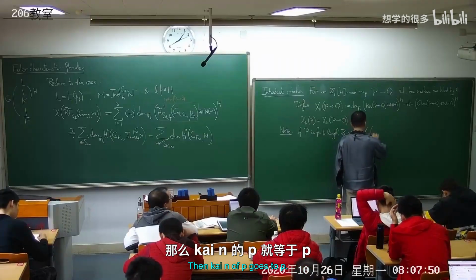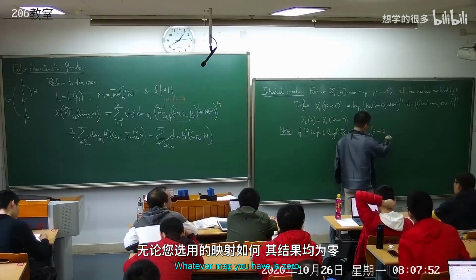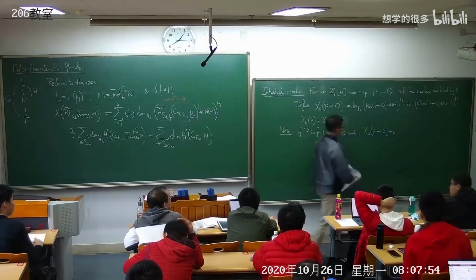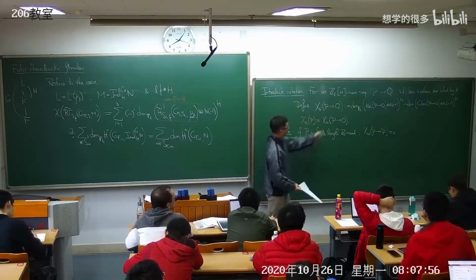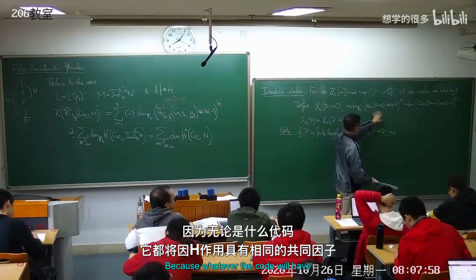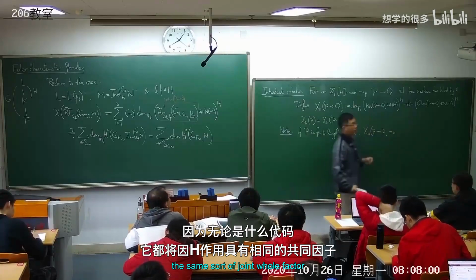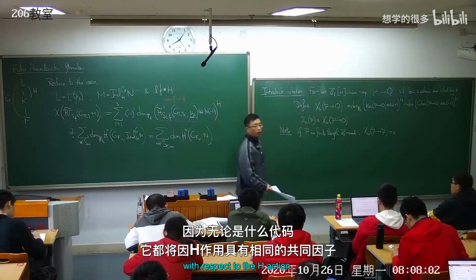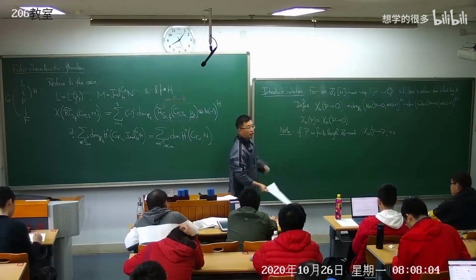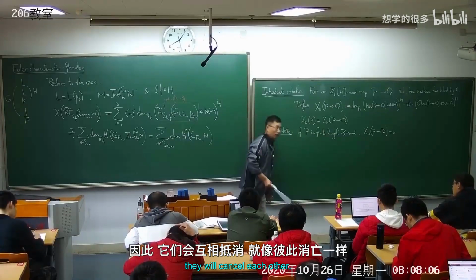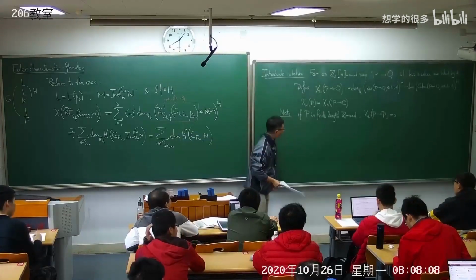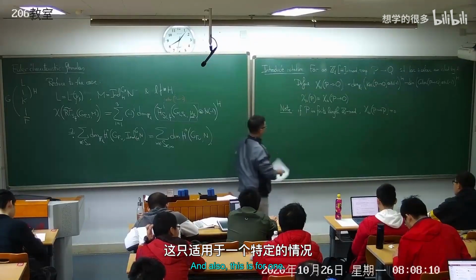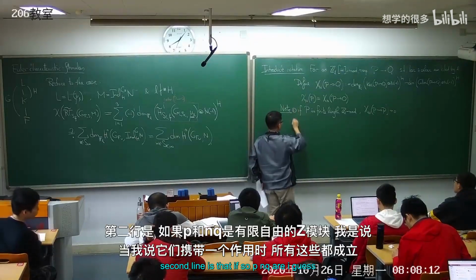Then chi N of P going to P, whatever map you have, is 0, because the kernel and the cokernel will have the same Jordan-Holder factors with respect to the H action, and therefore they will cancel each other. And also, this is for 1.